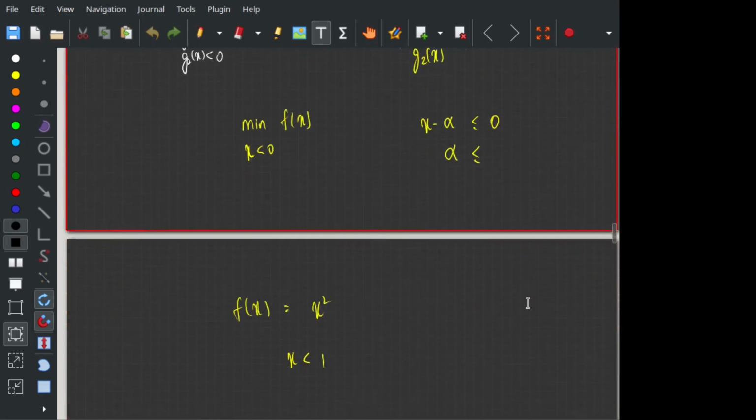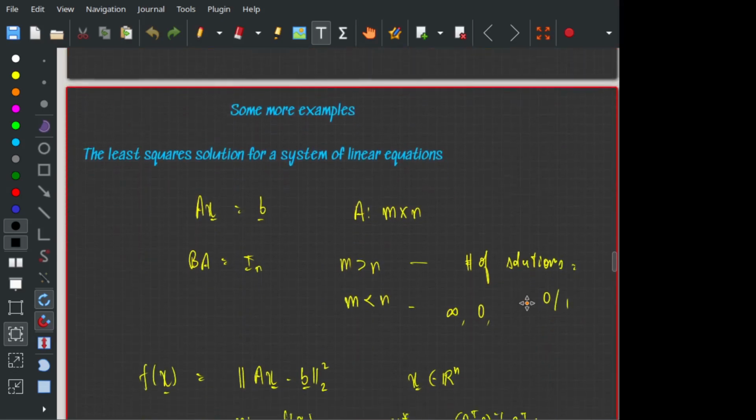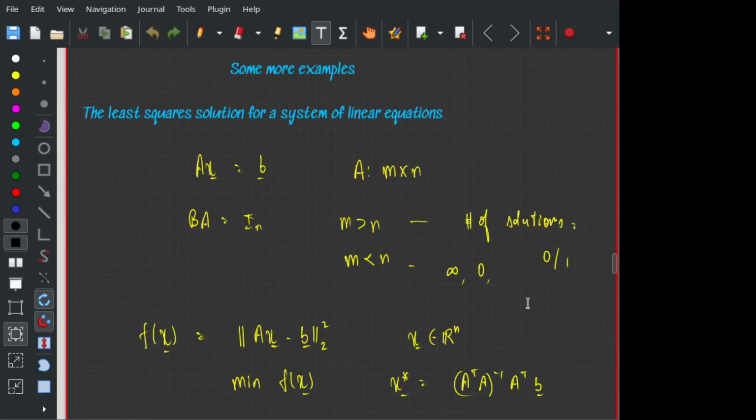So we saw a bunch of examples. First, we saw the least square solution for a system of linear equations. Given Ax equal to b, where A is a fat matrix, this may not have a unique solution, so we can instead try to find that vector x which at least approximately satisfies this equation.